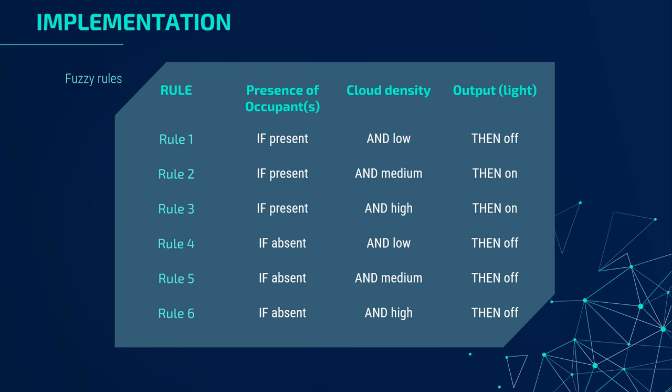Rule 2, if the occupant is present and the cloud density is medium, the light will turn on. And Rule 3, if the occupant is present and the cloud density is high, then the light will turn on. For the other rules, for example if the occupant is absent and the cloud density is low, then the light will turn off.